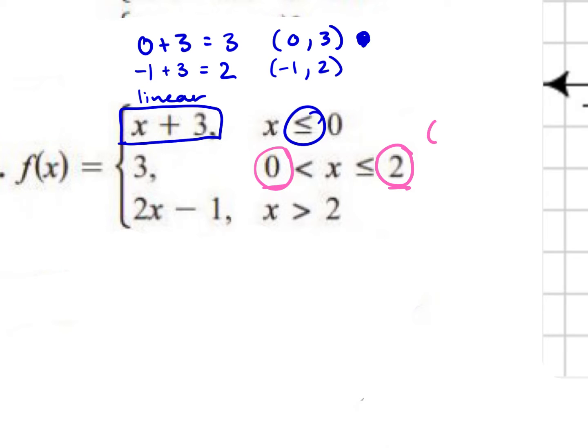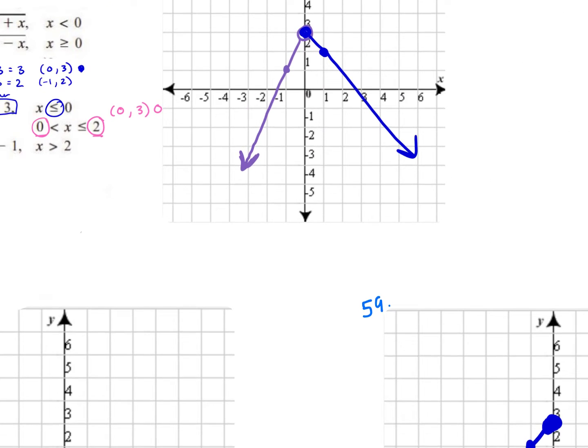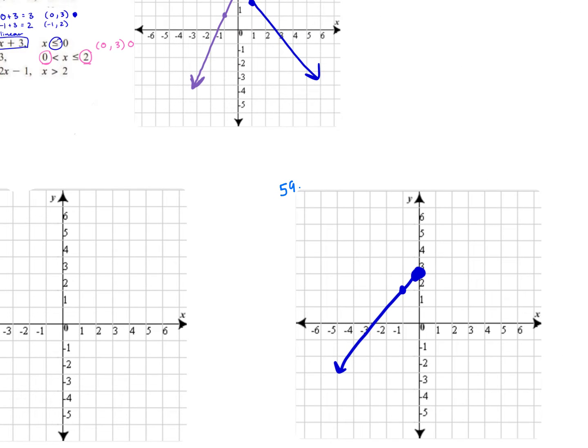So my first point, let's say I plug in 0, y would be 3. Is this going to be an open or closed circle? An open circle. So I'm going to go to 0 and go up 3 and put an open circle.